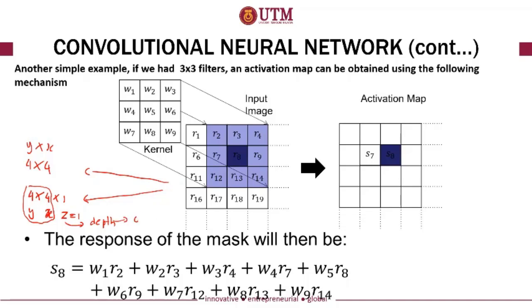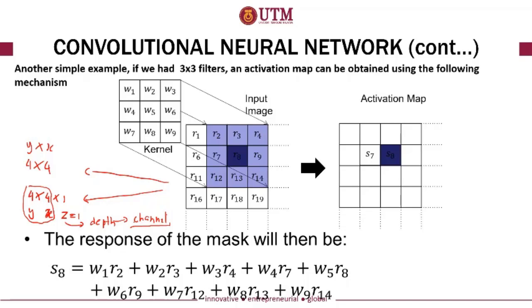You can call it depth, you can call it channel, but in this course I will not call it a channel, because I find that in AI courses they use the term channel for other things. That's why we cannot use the term channel.